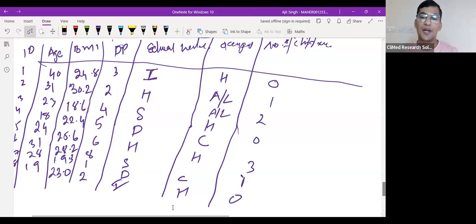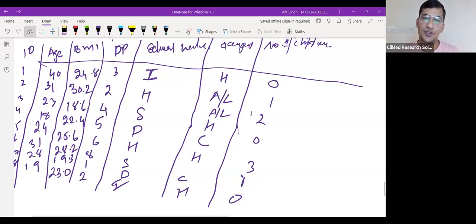So I hope guys, just write if you understood this data. Did you understand the data and objective of the study, what I'm doing here? Yes or no? Tell me. I'm not asking about the data, but the collection of the data. Did you understand the collection of data?